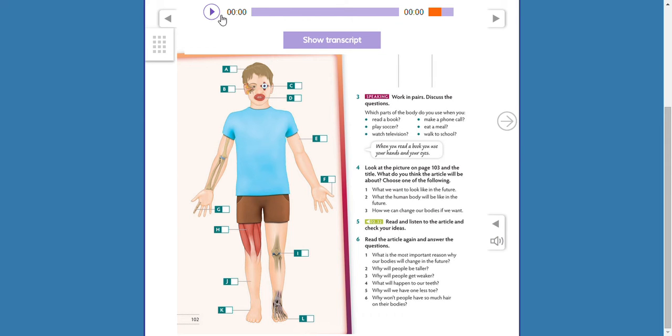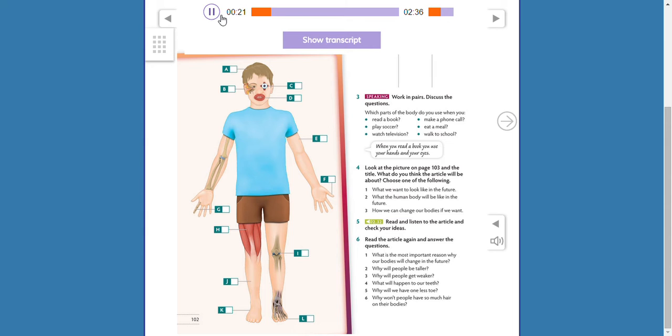Let me see. Okay. Changing Bodies. A long time ago, people were very different from the way we are now. For example, in really old houses, the doors are usually much lower than they are today. Why? Because hundreds of years ago, people were shorter.